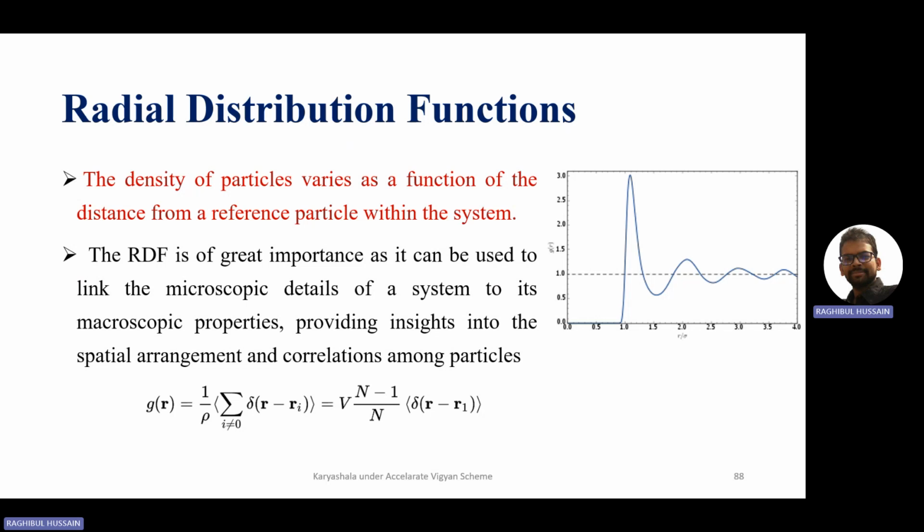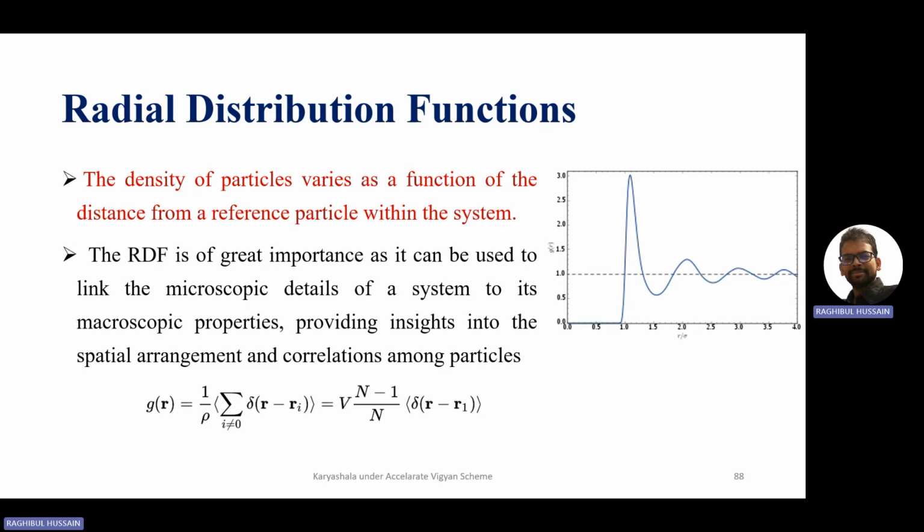What is the distribution of this TFSI with respect to this lithium, or vice versa? Or what is the distribution of this fluorine atom with respect to the Li? If we plot all of them, eventually we get the idea of how the molecules or constituents are oriented with one another. Which one is making more interaction, right?